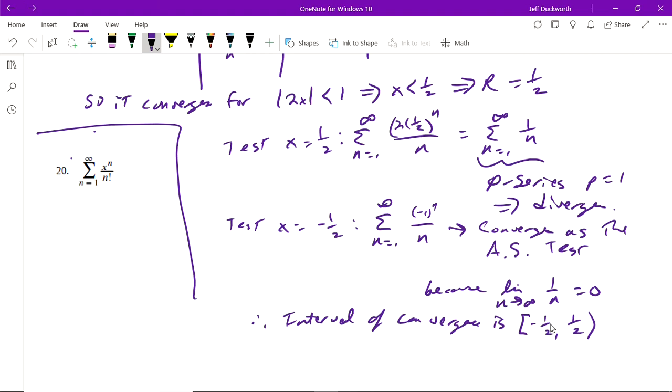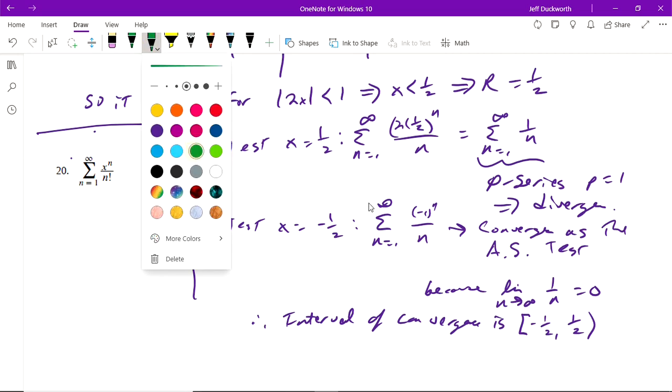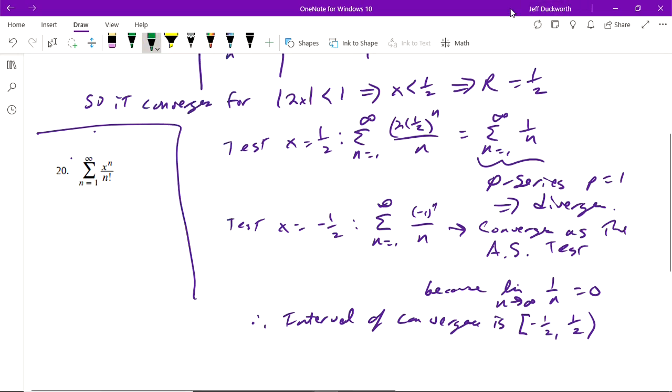All right, let's take a look at number 20. I'll do that in a different color here. Let's try green. Okay, let's bring number 20 down and use the ratio test again.